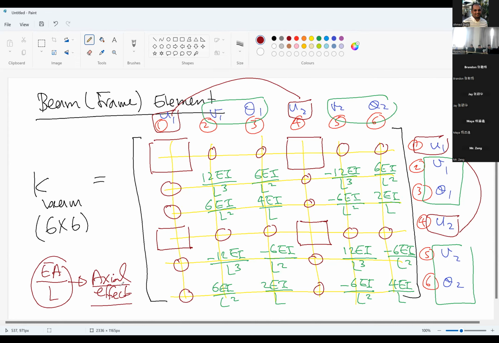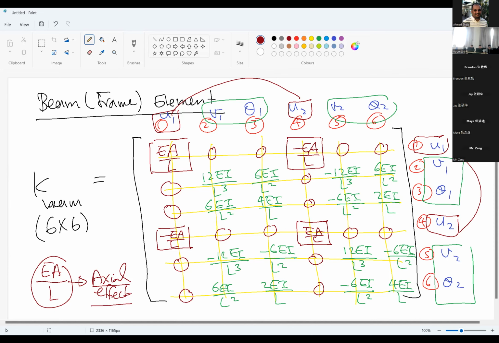So the axial effect here is EA by L. If we add this here, this EA by L, and this negative EA by L, because if you remember again, the truss element was positive, negative, here negative EA by L, here positive EA by L. So this is our final stiffness matrix for the frame element, including the axial effect.